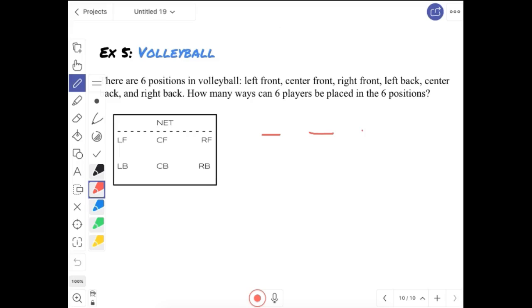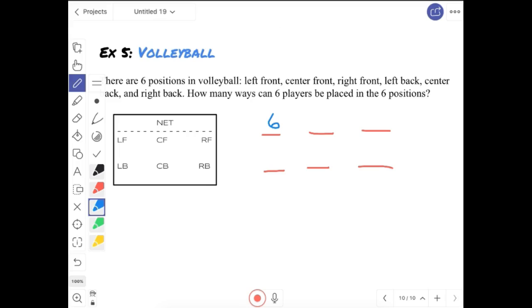So we have 6 areas to look at. If I start at the left front, I have 6 girls that I could possibly put there. I could pick any one of them if I'm not looking at skill or anything like that. So just 6 girls, randomly placing them.